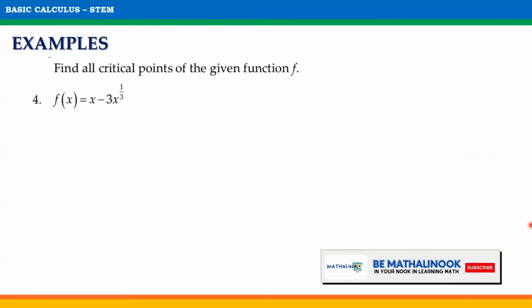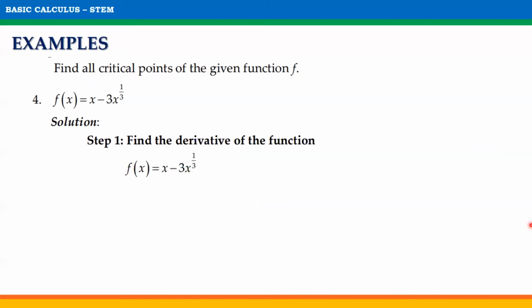For our last example, the function is f of x equals x minus 3x raised to 1/3. Finding the derivative of the function, we get f prime of x equals 1 minus 3 times 1/3 x raised to 1/3 minus 1. Simplifying it, we get 1 minus x raised to negative 2/3.